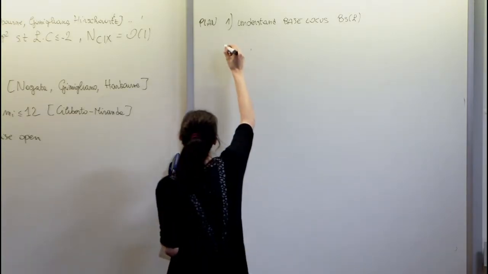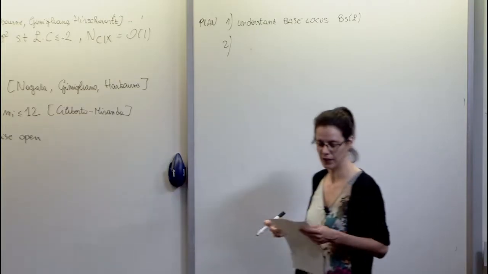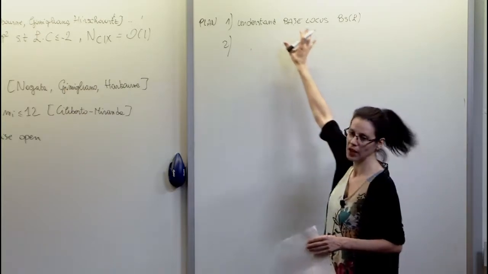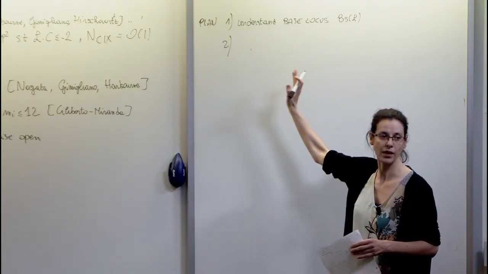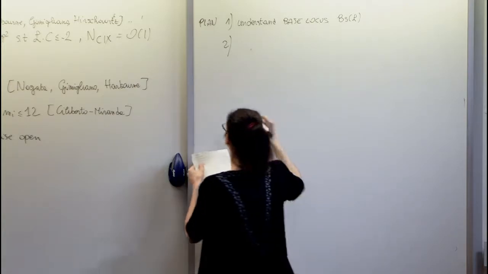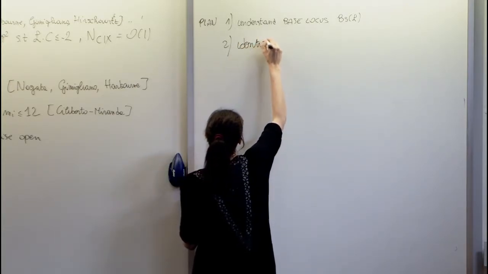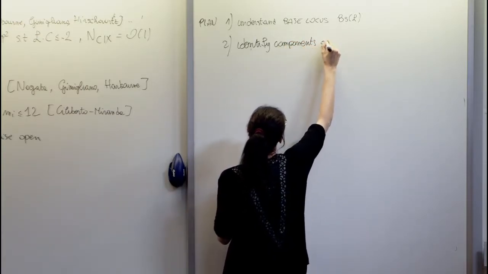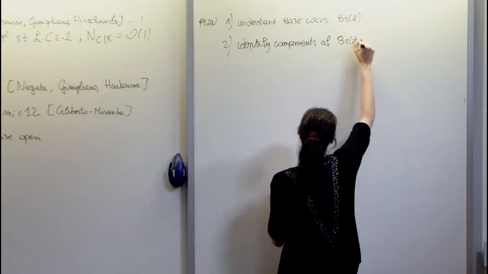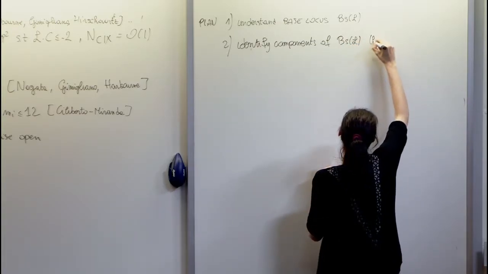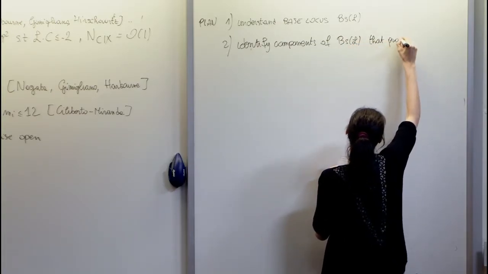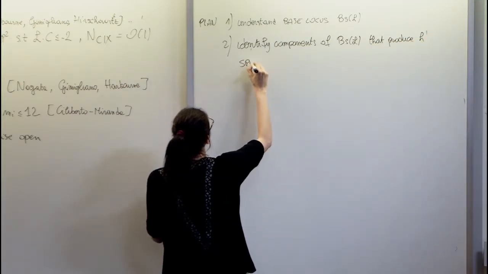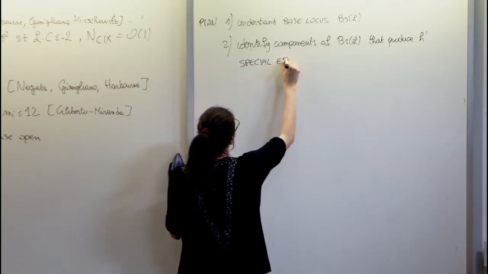I want to understand who is actually in the base locus of a given linear system, and which of the cycles of the base locus actually create speciality. So: identify components of the base locus that produce speciality, and these are what we call special effect varieties.